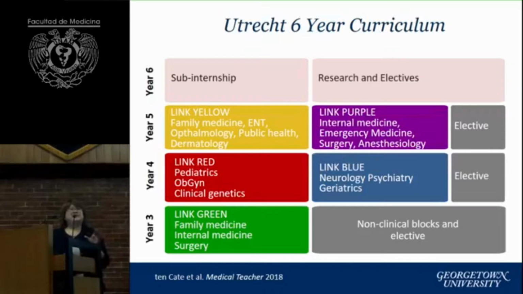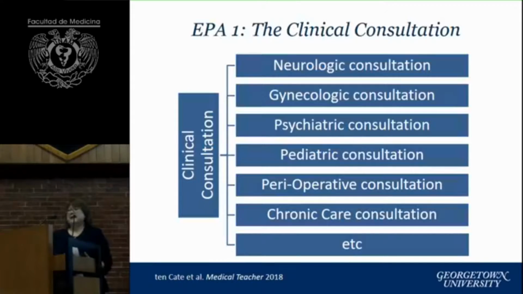And they also have a sort of modular curriculum, and you can see here green, red module, blue module, yellow module, purple module, okay? And what they've done, as I've shown you before, is they've taken the first EPA, the clinical consultation, and then broken it down so that the students are achieving parts of it in different modules. So in certain modules, they're achieving the EPA for a neurologic consultation, and in a different module, they might do one for a perioperative consultation.